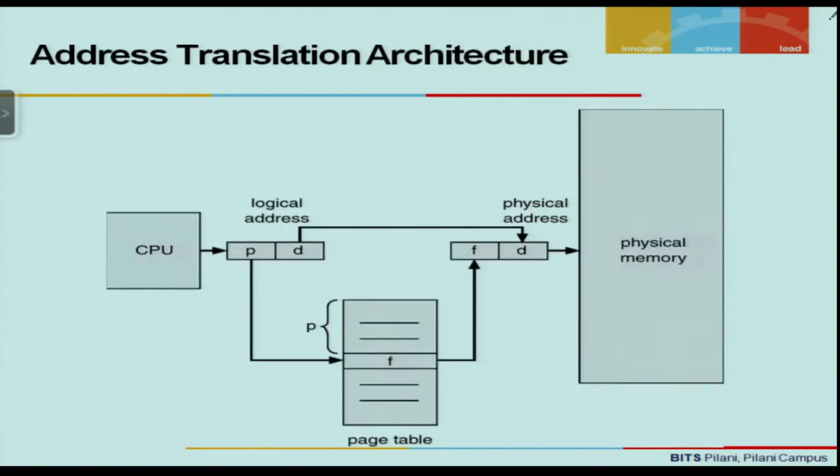The basic address translation architecture, if we try to see, is something like this. We have a CPU which generates the address, and we said that this address is a logical address.